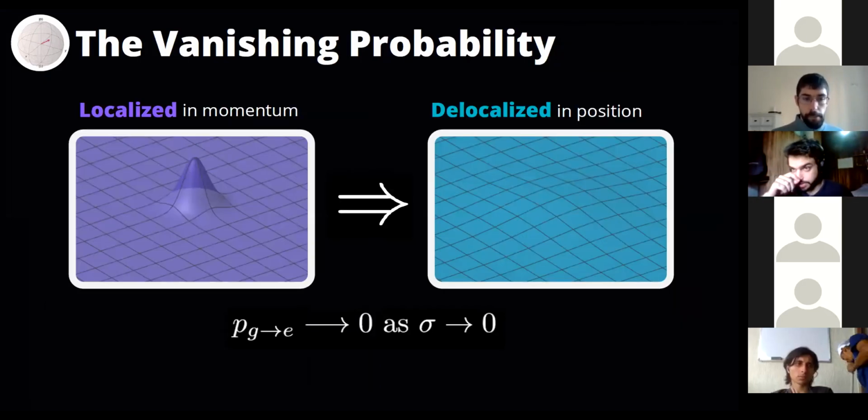Just a comment on the fact that was seen by Erickson there: if you localize your particle too much in momentum space, so if you send the localization in momentum space to 0, your particle gets completely delocalized in position.